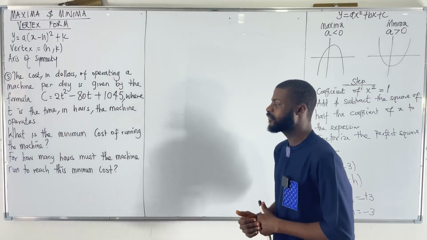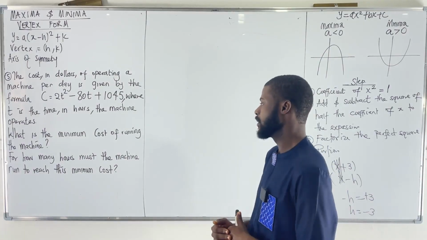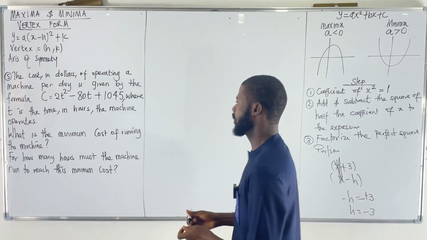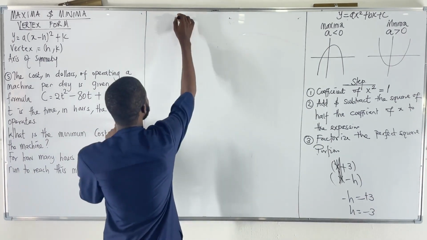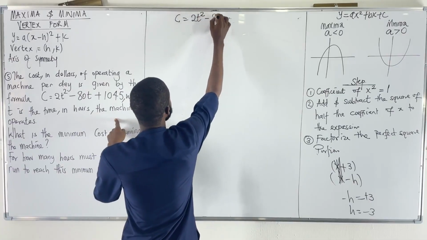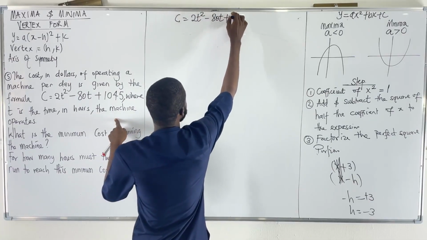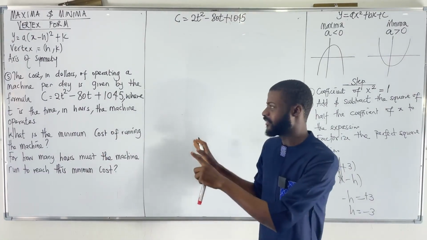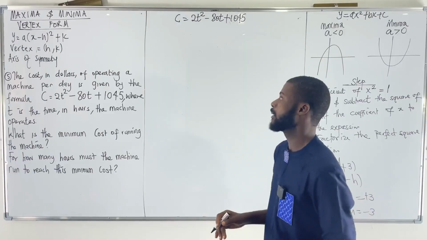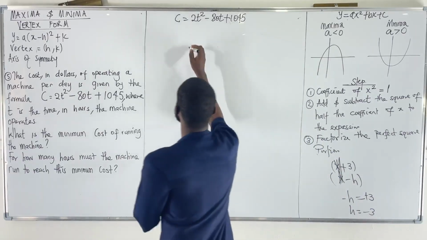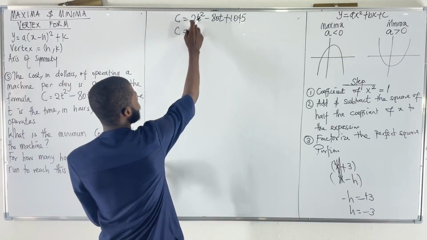And the next one is, for how many hours must the machine run to reach this minimum cost? Okay, so let's get started with vertex. So C is equal to 2t squared minus 80t plus 1045. Now remember, there's a calculus part of this. You can use calculus to also solve the same problem, but we're not doing that. So this would be C equal, 2 is common.